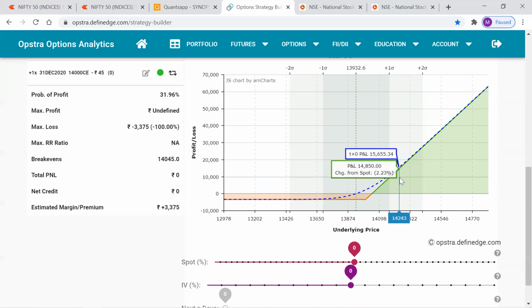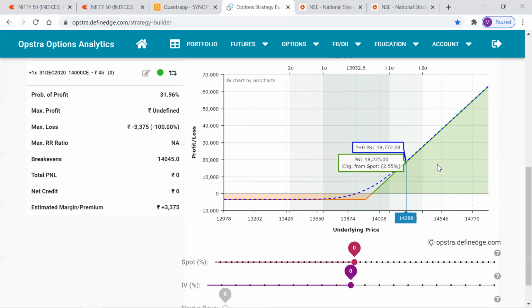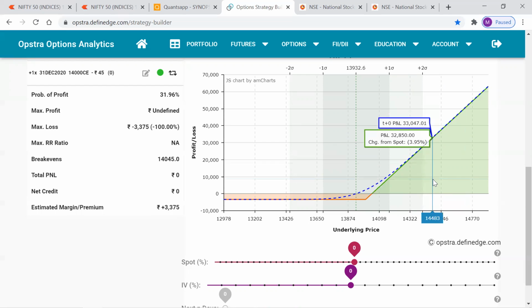If Nifty is at 14,240, then your profits will be 14,625. If Nifty is going to 14,555 before 31st of December, then your profits will be 38,250 rupees. So this payoff chart will give you an overview. It will tell you what can happen after taking your positions. You should be analyzing your positions in Opstra by adding them here.